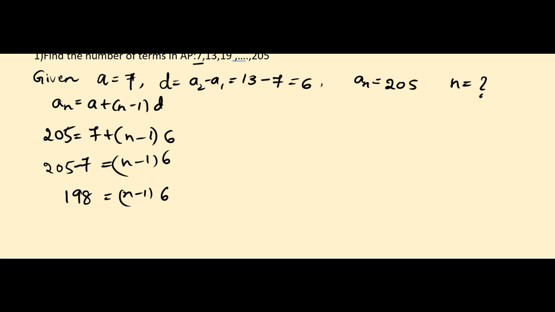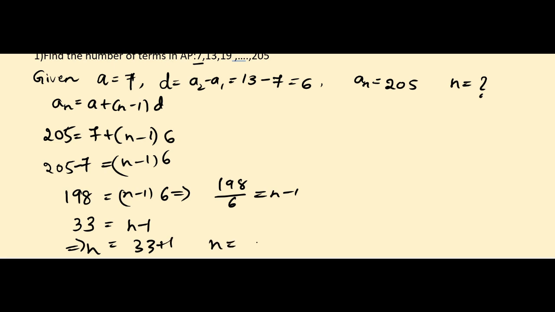Here 6 is multiplying, so when it comes to the LHS it becomes divided by 6. 198 divided by 6: 6 3s are 18, 1 is remaining, 6 3s are 18, so 33. 198 divided by 6 is equal to n minus 1, which gives 33 equals n minus 1. So n is equal to 33 plus 1, that is 34. Therefore, the number of terms for the given AP is n equal to 34.